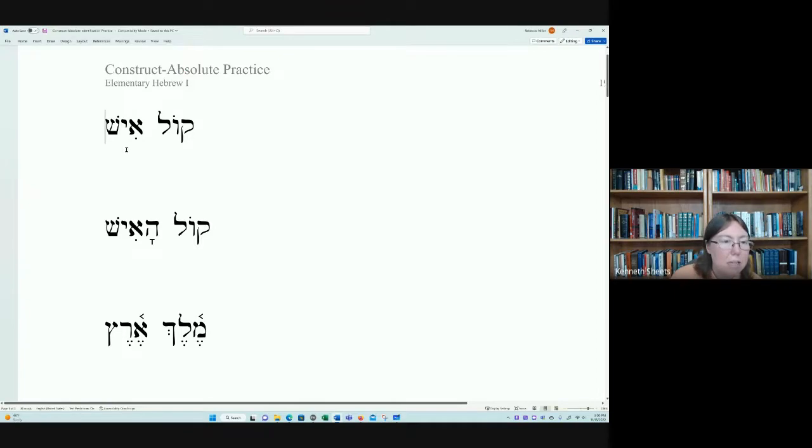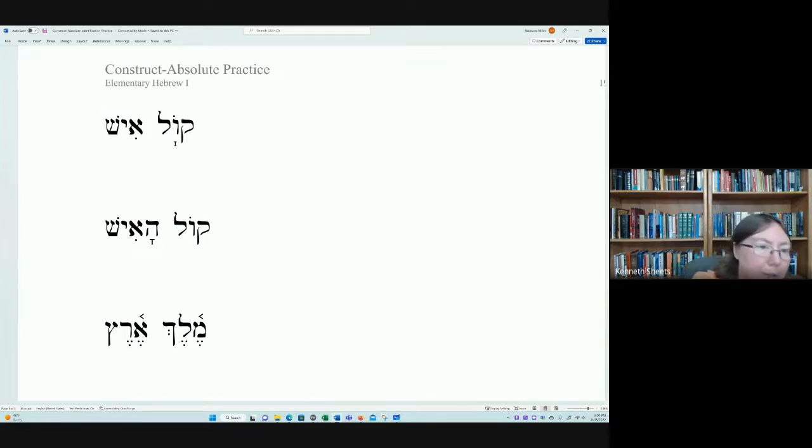So kol ish. Now again, there's no vowel reduction here because we've got that nice, strong holem vav here. But I can tell that this is construct absolute because I have a noun followed by another noun. And about 9 times out of 10, when you have that construction, you're dealing with a construct absolute.